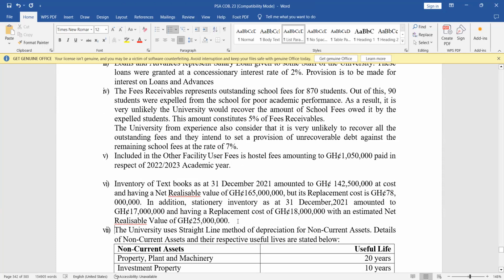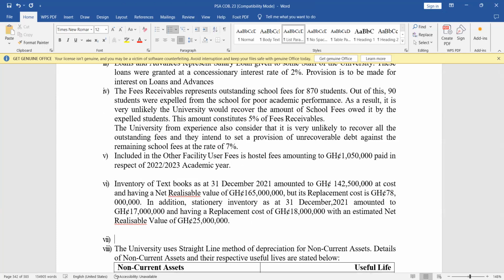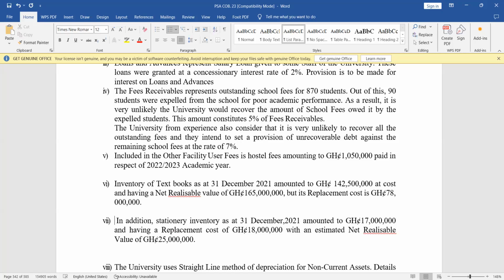There are 2 different kinds of inventory here. Inventory of textbooks. Good, so I've done it this way for you. You only have 2 minutes to submit your answer.